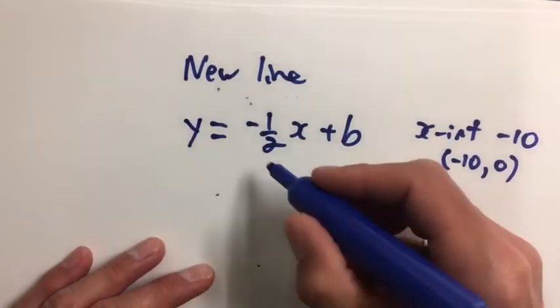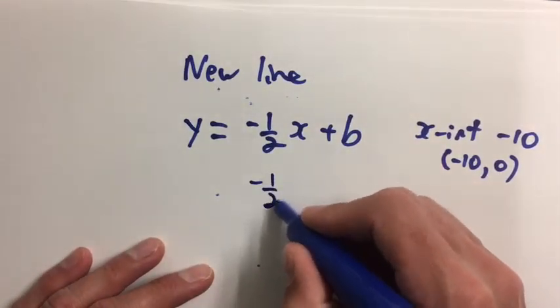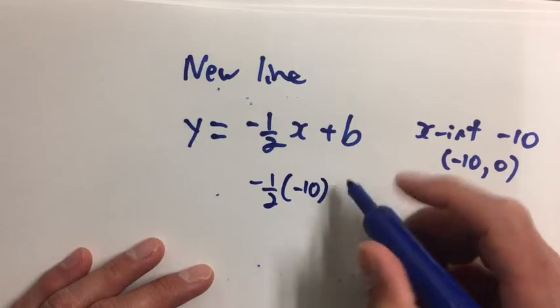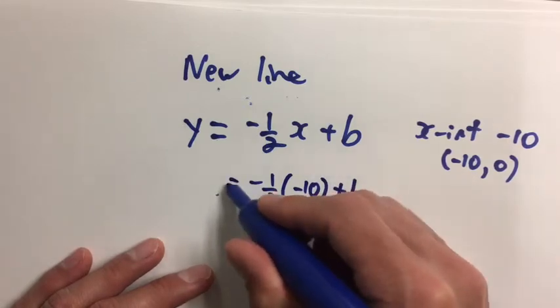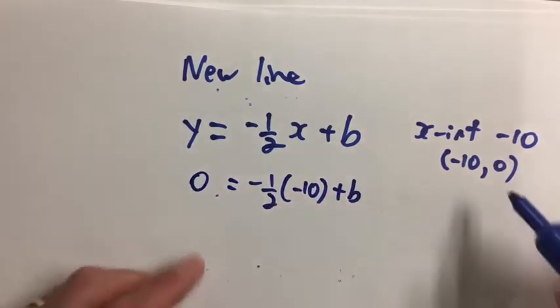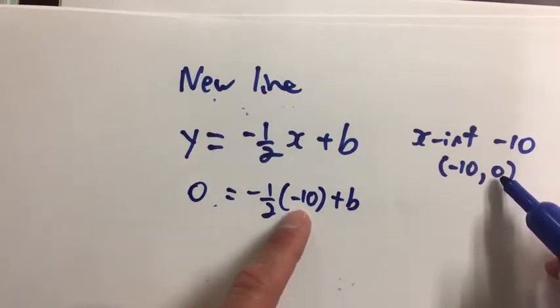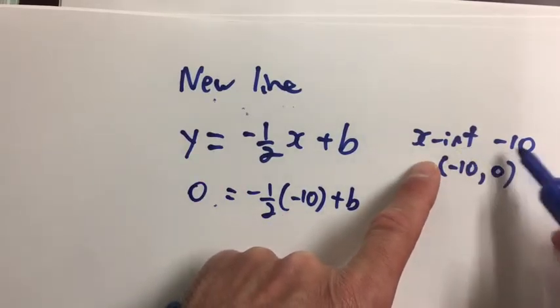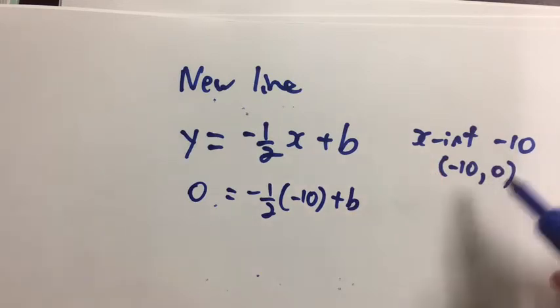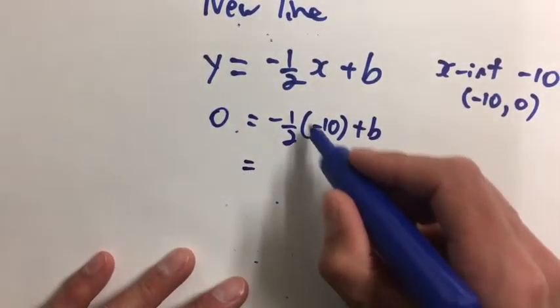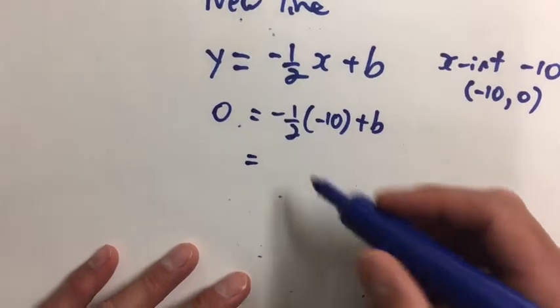I can put those numbers in here and then figure out what b is. So my x value is negative 10, so I've got negative 1/2 times negative 10 plus b is equal to 0. When the y value is 0, the x value is negative 10. That's what the x-intercept of negative 10 means. And I'm doing all this to figure out what b is.